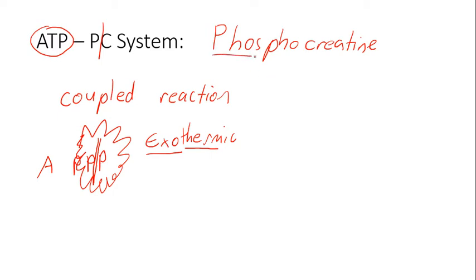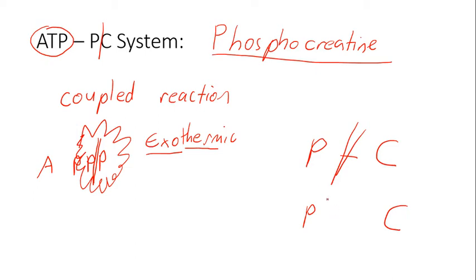For phosphocreatine to be useful, what we do is break it down. Rather than putting it back together like we're going to be trying to do with the ATP, we're actually going to be breaking down phosphocreatine into its phosphate molecule and its creatine molecule. But this is also an exothermic reaction.